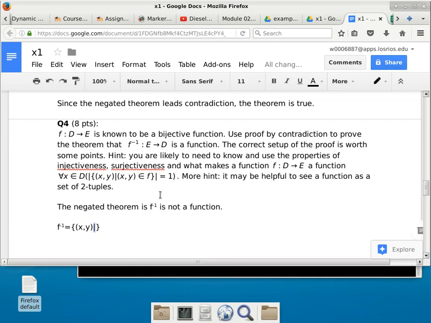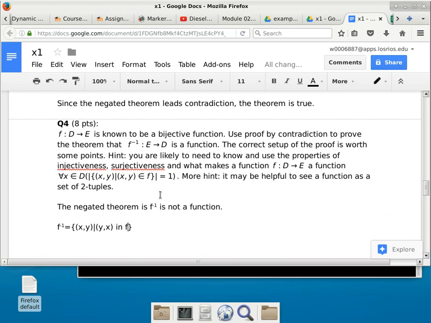So this is such that, right? F inverse consists of two tuples that look like this, x, y, such that what? y, x is an element of F. Yep, exactly. Would that work? Now we have established that F inverse, first of all, is also a set.